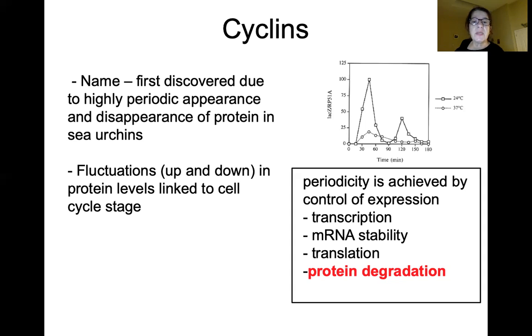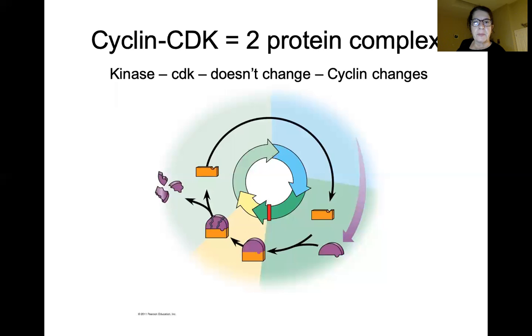Finally, the proteins are also being degraded. When we need them to disappear, they're being degraded. So it's several different points in gene expression. Pretty much at every point, you can control gene expression to make sure that now I'm here, now I'm gone. So the cyclins are highly, highly periodic.